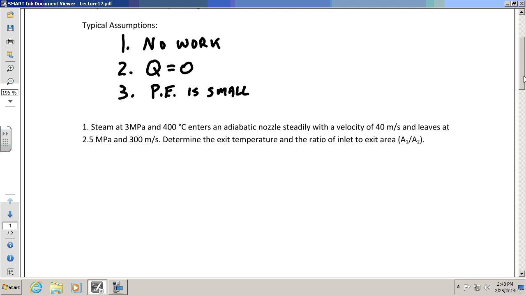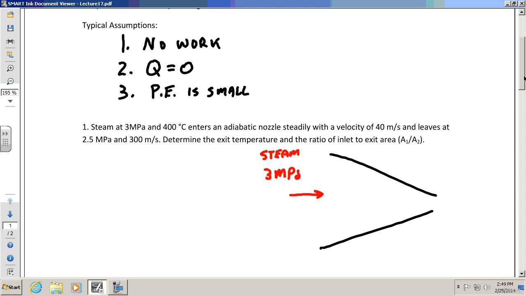So here's how I draw a nozzle. It looks like a funnel, but you're funneling it to a smaller cross-sectional area. That's how I draw a nozzle. And going into the nozzle is steam at 3 megapascals, 400 degrees Celsius.